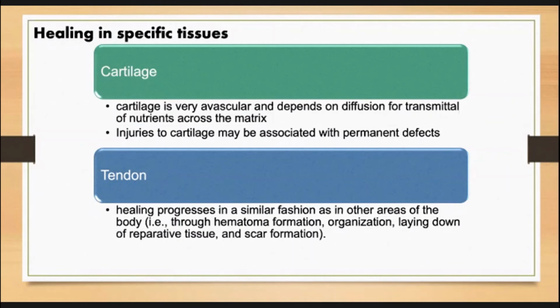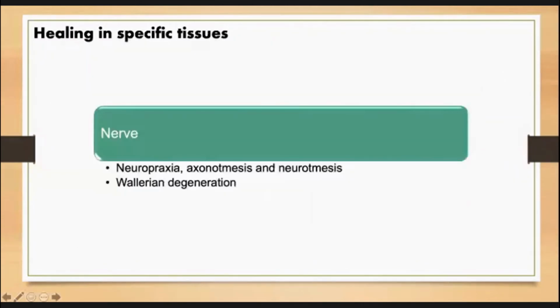Tendon and ligament healing progresses in a similar fashion as in other areas of the body through hematoma, organization, laying down of reparative tissues, and lastly, scar formation. Again, type 2 and 3 collagen are vital in this process.